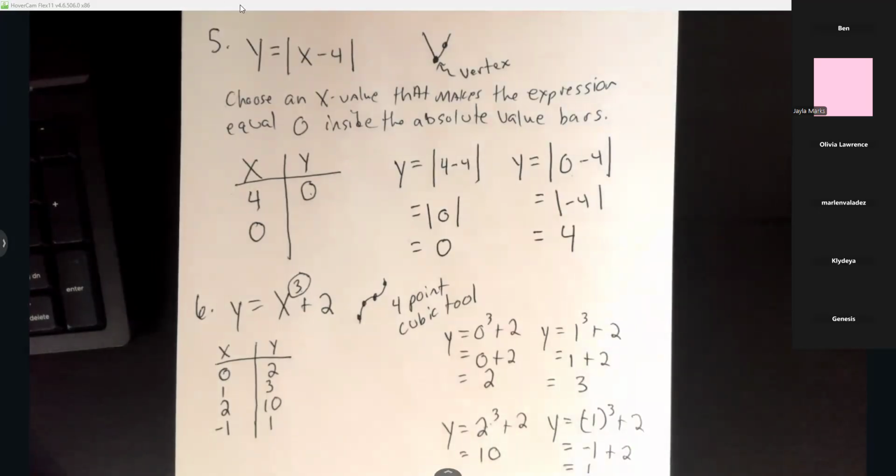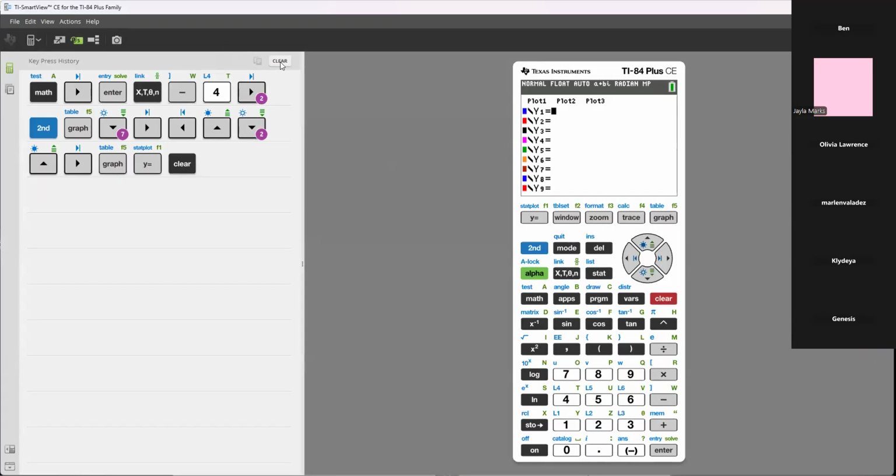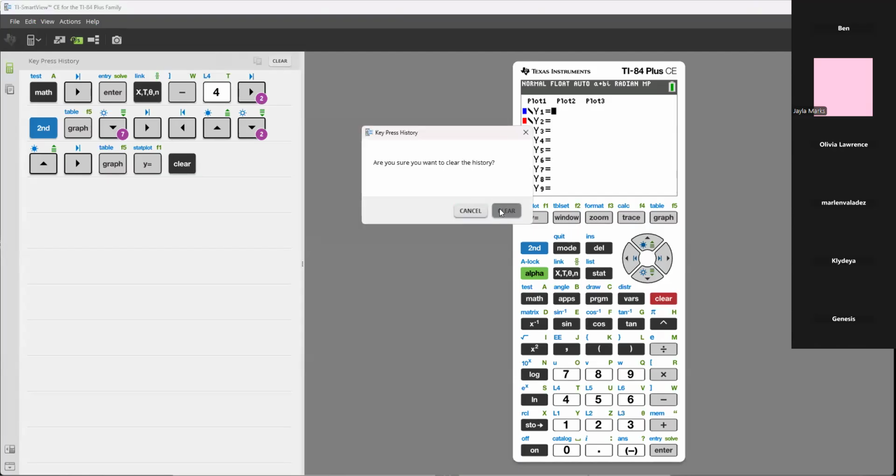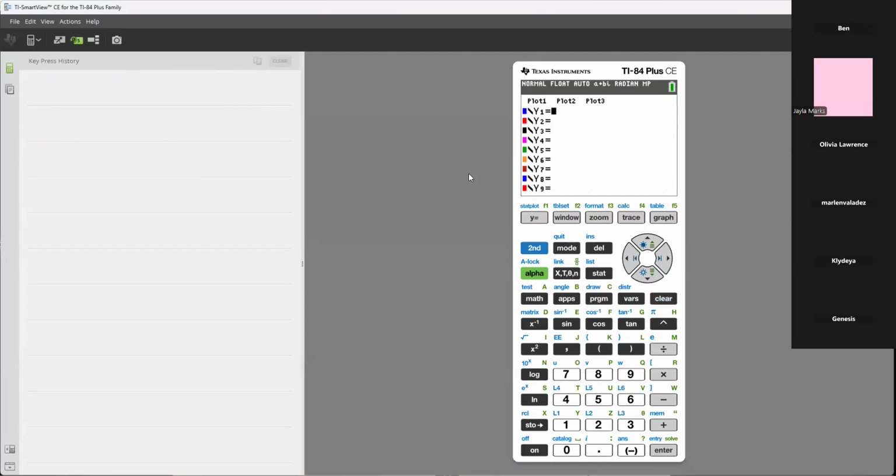Let's look at the calculator here. Y equals, I'm going to clear that out. All right, y'all, so I got x cubed, so I'm going to hit my x. Now the cubing, you got to do different than you did with the squares.